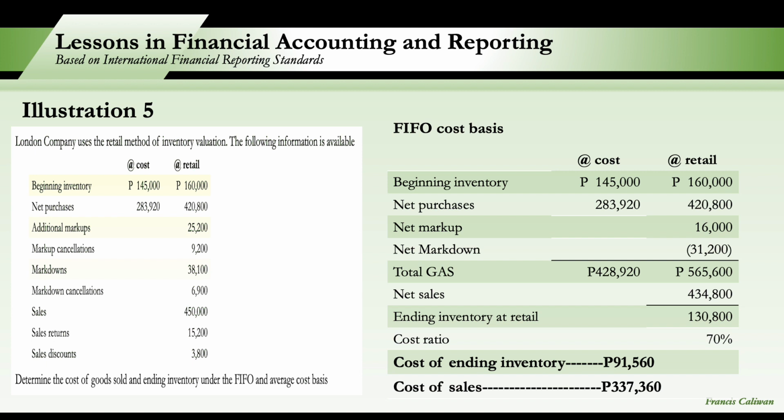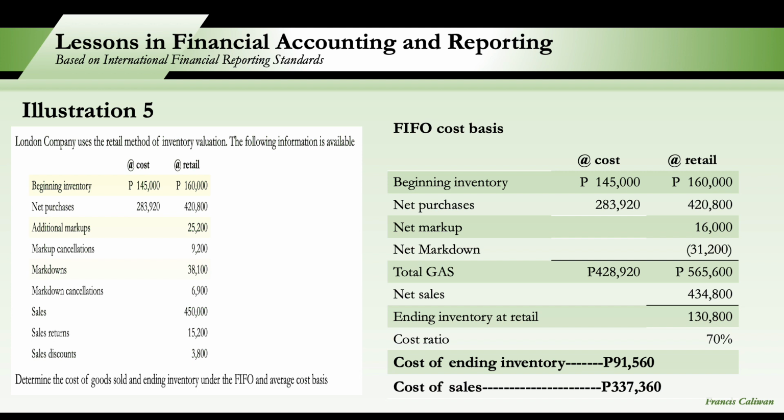That's markdowns of 38,100 less markdown cancellations of 6,900. So net markdown of 31,200 is deducted from the retail column. So our total goods available for sale at retail is 565,600. And from that amount, we deduct our net sales.